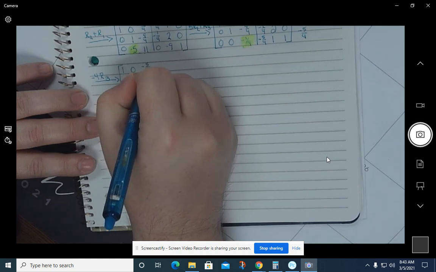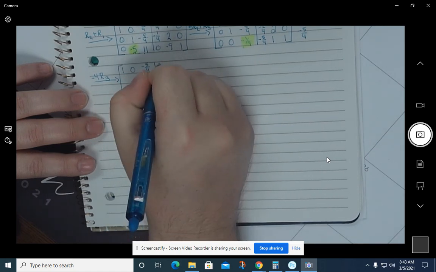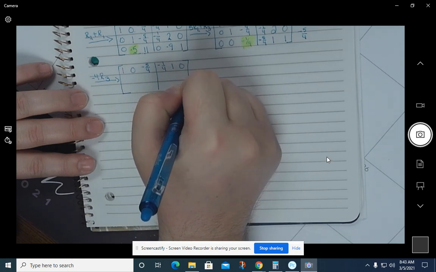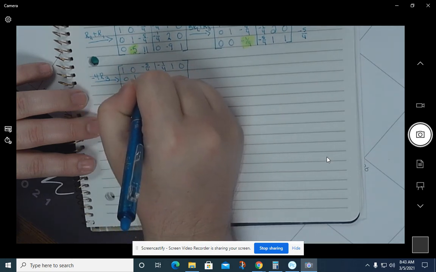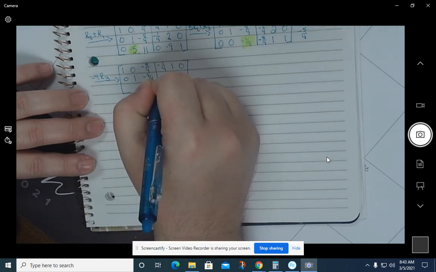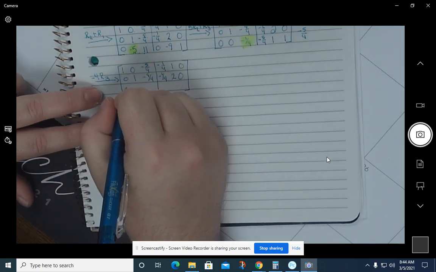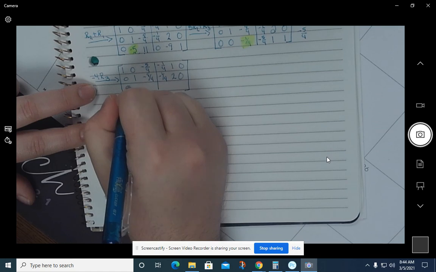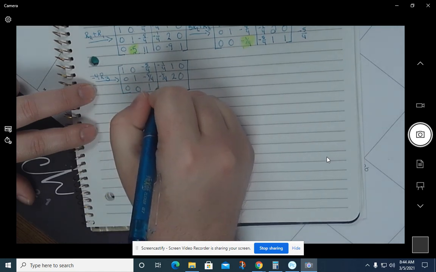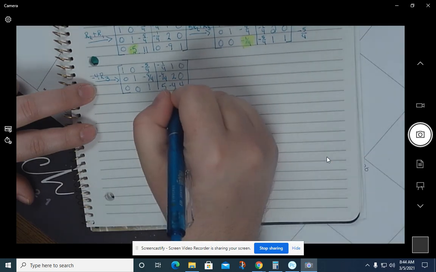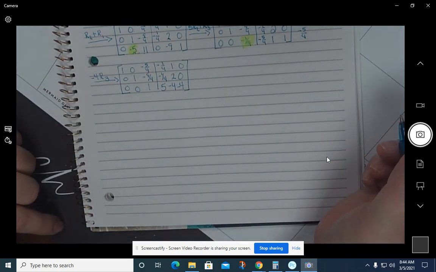My first two rows stay the same. Here I'm going to multiply by a -4, so it's going to be 0, 0, 1, 5, -4, -4.